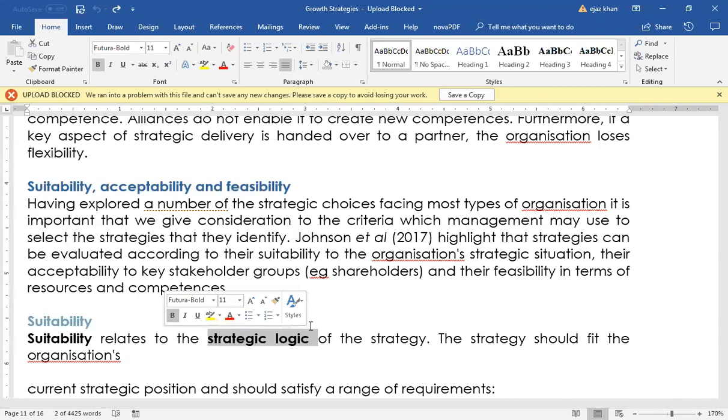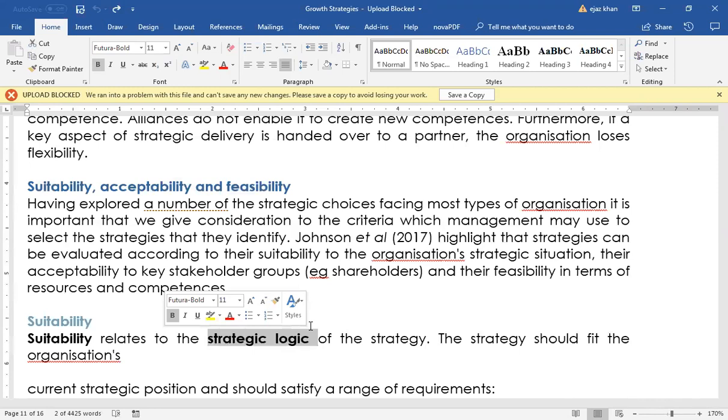Because if you try to bring a strategy that does not fit into the organization structure, or does not fit within the other strategies that the organization is following, then it won't work, or it will rather create problems for the other parts of the organization as well. So the company must consider the suitability of a particular strategy.